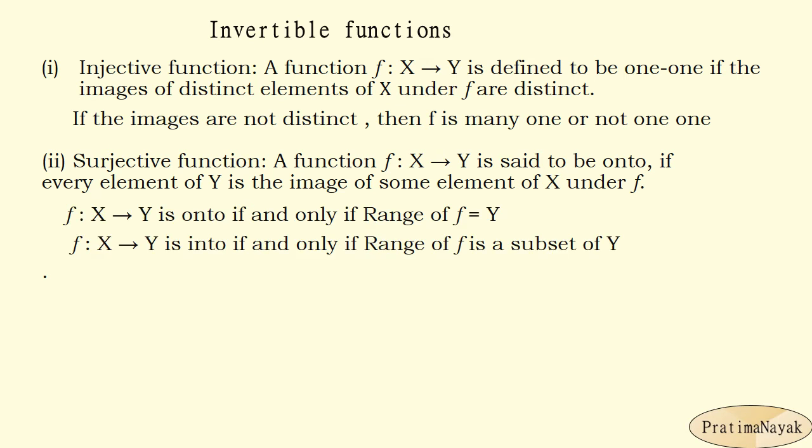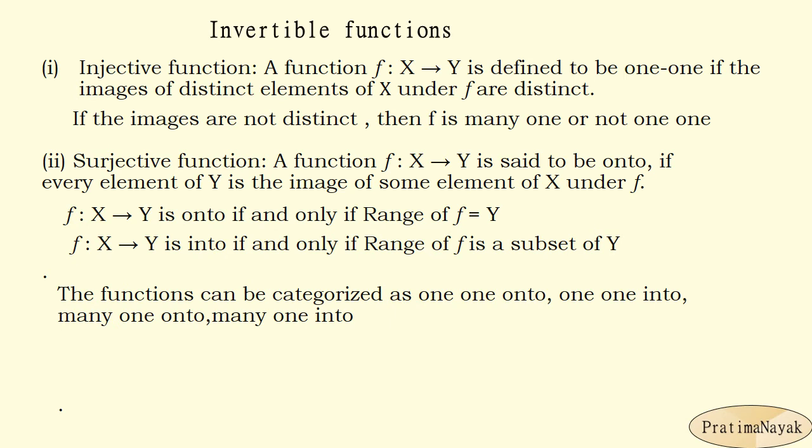So we have learned how to distinguish onto and into. f from X to Y is onto if and only if the range of f is Y, and into if and only if the range of f is a subset of Y. So depending on domain and range, we can categorize functions into four categories: one-one onto, one-one into, many-one onto, and many-one into.